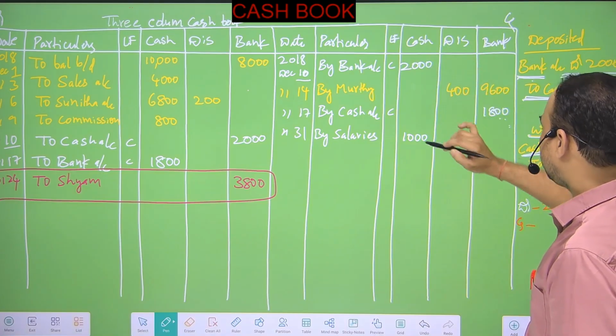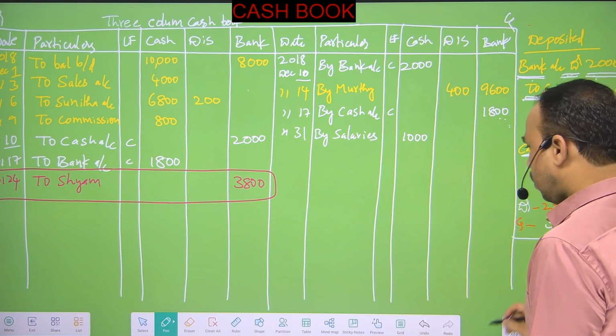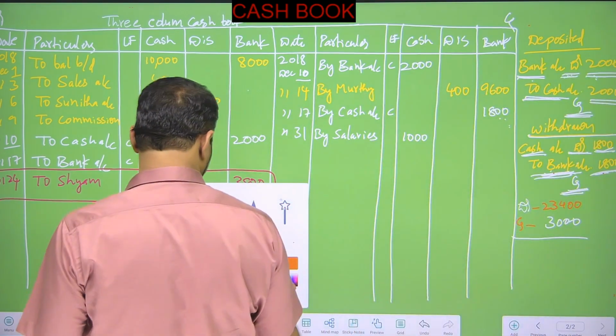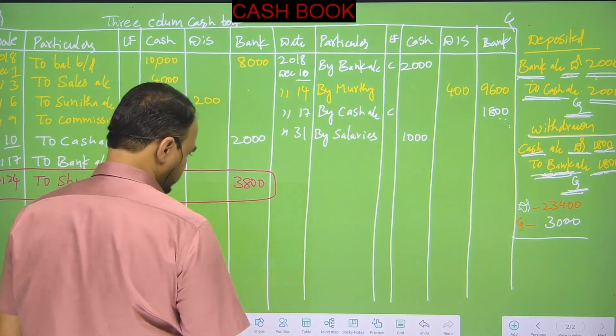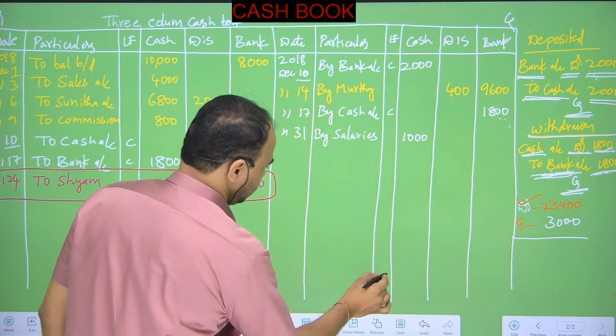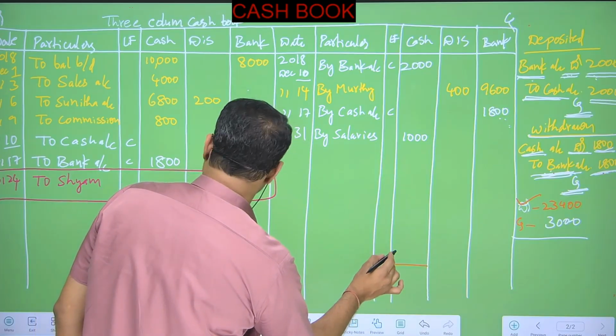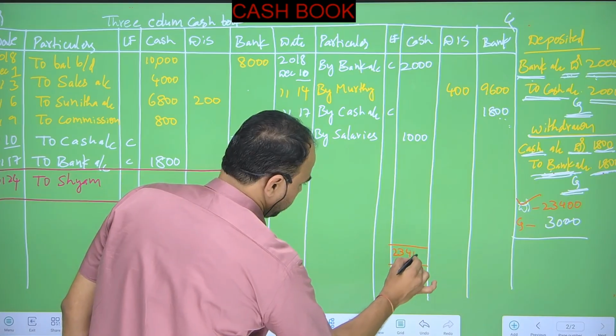On the credit side we got 2 plus 1, only 3,000 is the total. Now, of these two, which is the big amount? Debit. So on both sides in the total column write that big amount, 23,400.